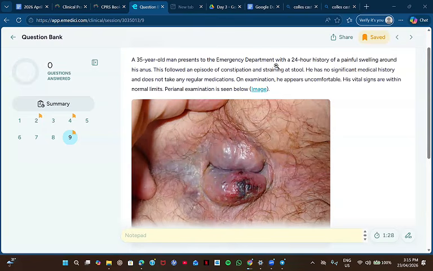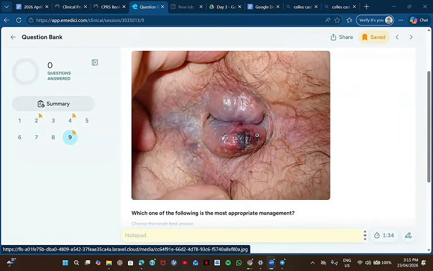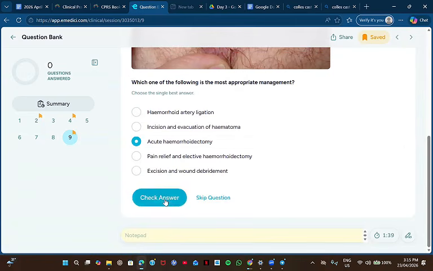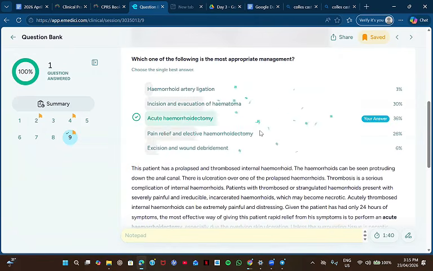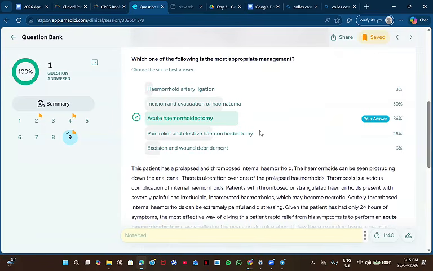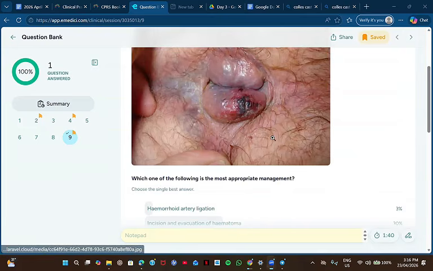Yeah, you remember the question, right, Dr. Abba? Yes, yes. Okay, if we see this question, it almost seems like what? Almost seems like a thrombosed one, right? Thrombosed one, but this is not a thrombosed external one, this is a thrombosed internal hemorrhoid. Thrombosed internal hemorrhoid. Done it 100 times. Yeah, that's why even I also remember here.